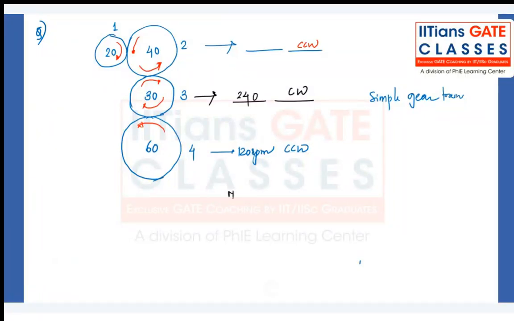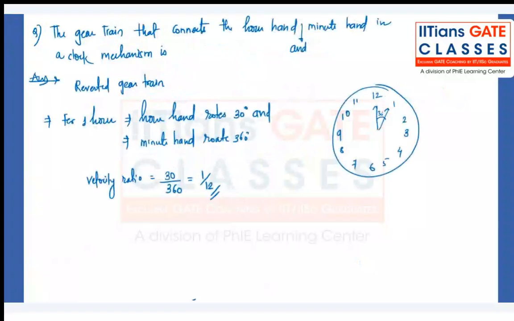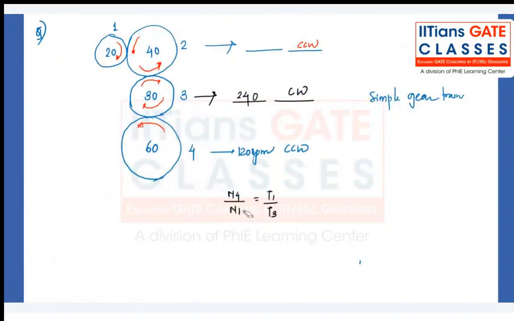This should be double because you can say that n4 by n3 is equal to t3 by t4. Like this we can write. So n3 will be equal to n4 into t4 by t3. So n4 is 120, t4, the number of teeth on gear 4, is 60, t3 is 30, so it is 240.